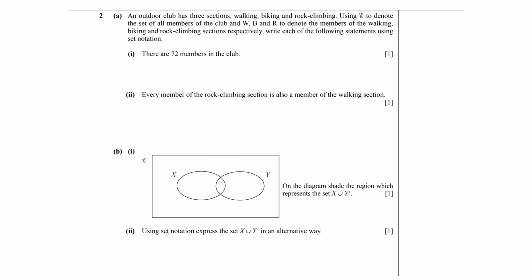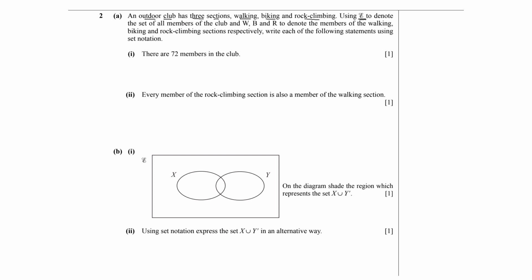Question 2. This question is from topic sets. Here the question says that an outdoor club has 3 sections: walking, biking and rock climbing.